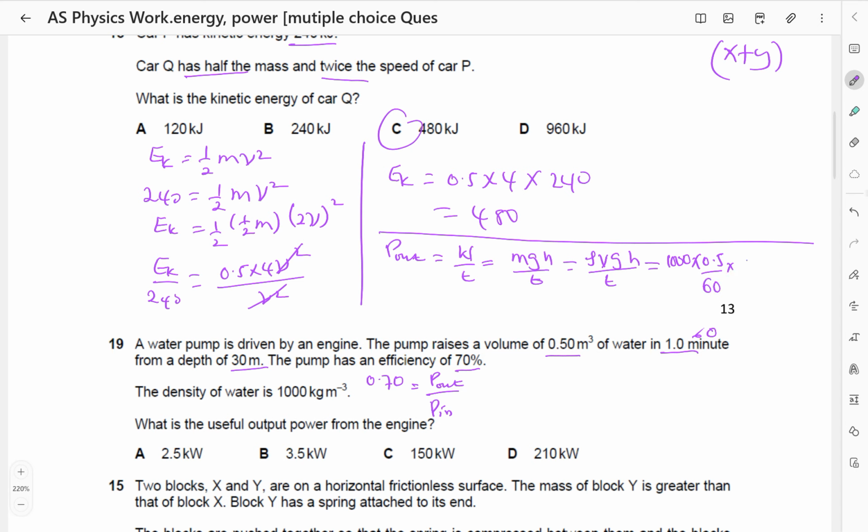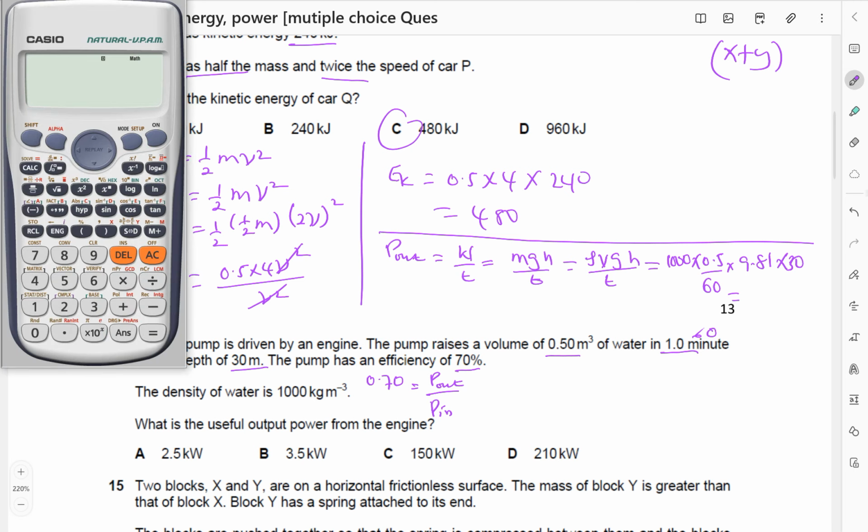Then times g, which is 9.81, and it is raised through a height of 30, so this is times 30. That means the power output is going to be 1000 times 0.5 times 9.81 times 30 divided by 60.